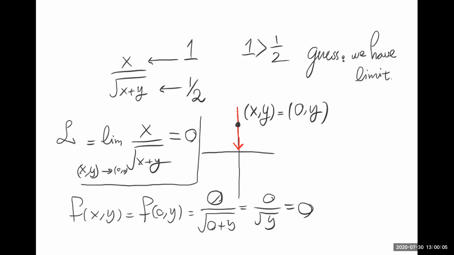Now I need to prove that. We go back to the concept of proof of the limit, that the limit exists and it's equal to a certain value. So I want to prove that the limit of this function x over square root of x plus y, when x and y go to 0 and 0, is 0. What does it mean to prove?